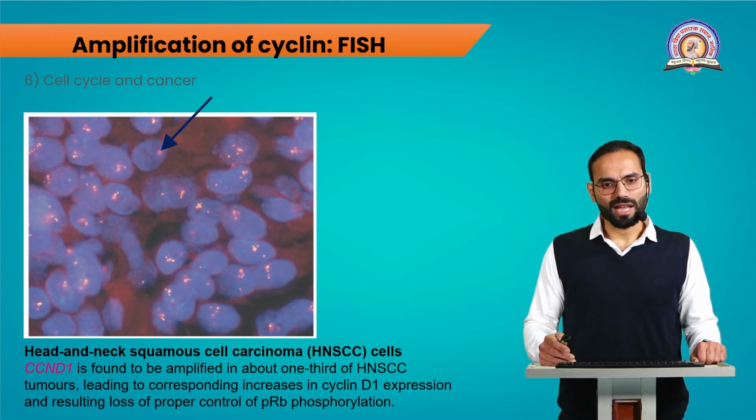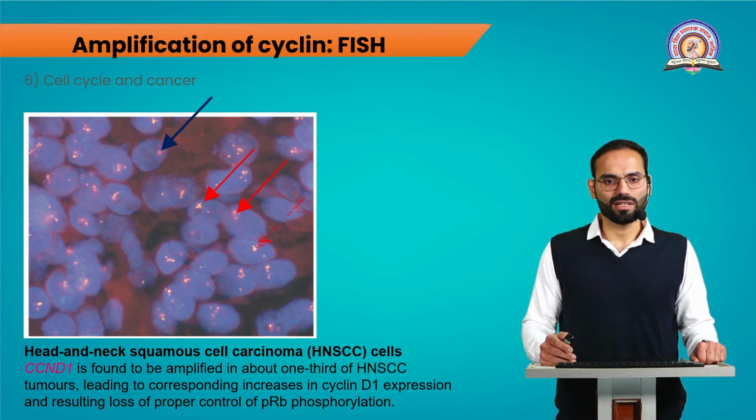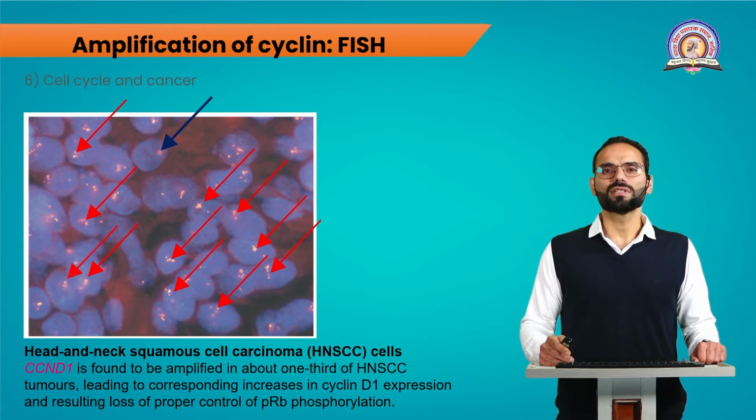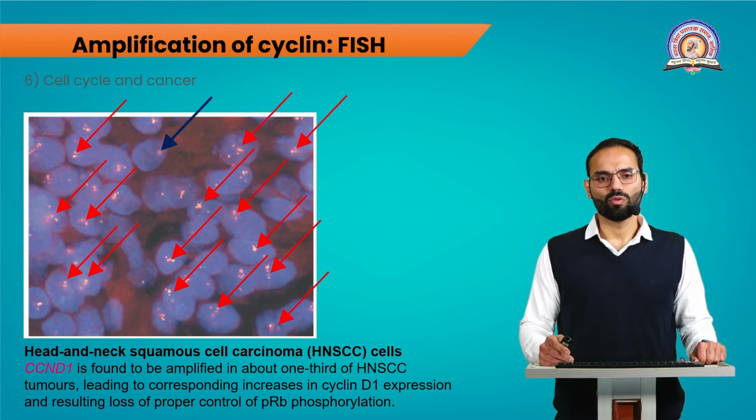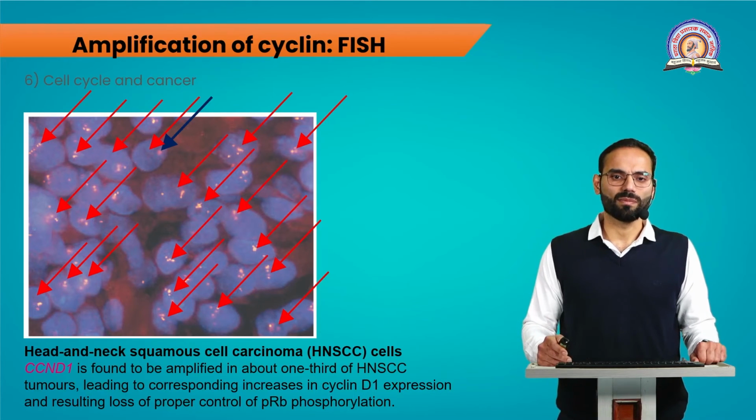However, in other carcinoma cells, marked with the red arrow, you can see alteration of this cyclin D1 gene, which is present in multiple copies. In some cells, they are present in 3, or in some cells in more than 5 copies.